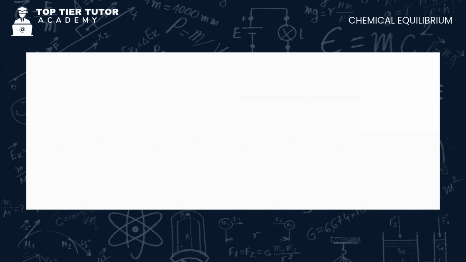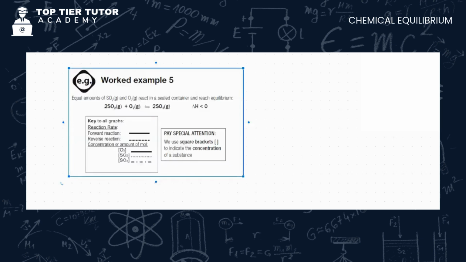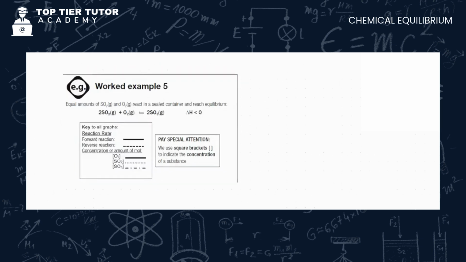So the reaction that we are going to be looking at today is sulfur dioxide reacting with oxygen to produce sulfur trioxide. Now, for the next coming graphs, these are the keys that we need to remember. For the rate of reaction, the dark line is our forward reaction. The reverse line is going to be a dotted line.